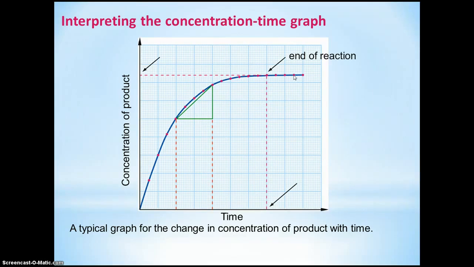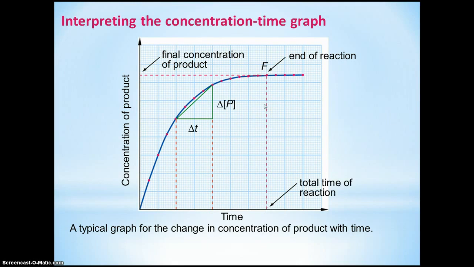And when we look at this point, the concentration means the final concentration of the product. At the same time, the time taken right here is the total time of the reaction.